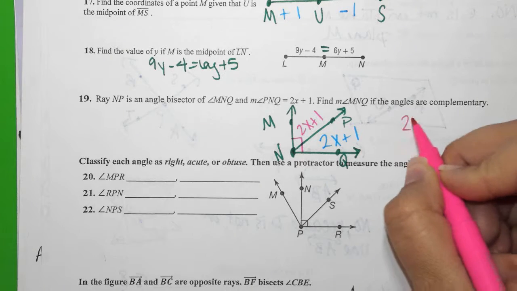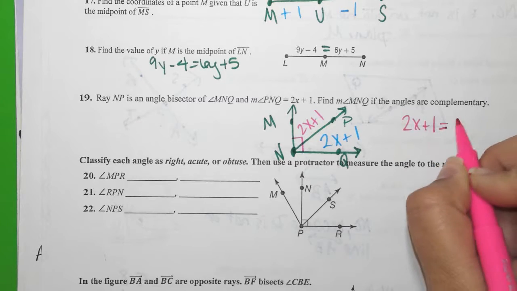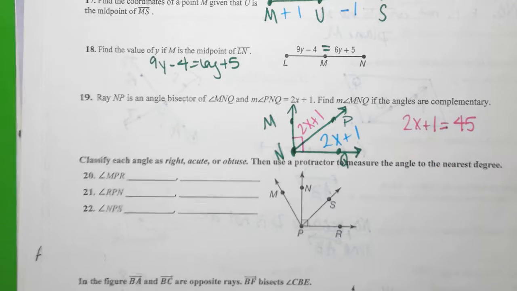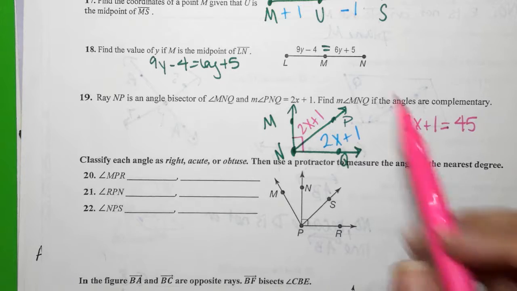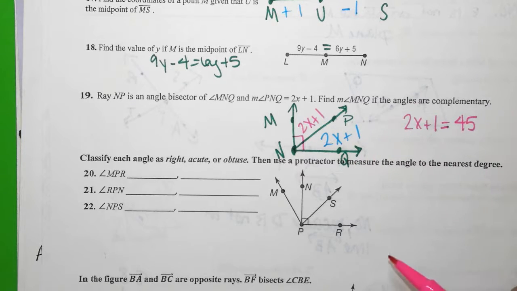So what could you do with 2x plus 1? Set it equal to 45. I don't know why this says find the measure of MNQ if the angles are complementary. The measure of MNQ is 90. It's a silly question.